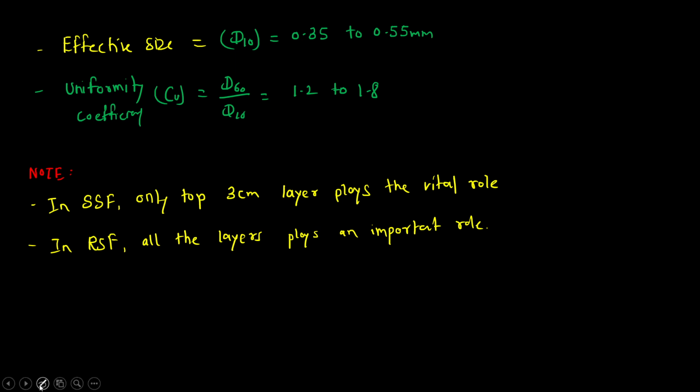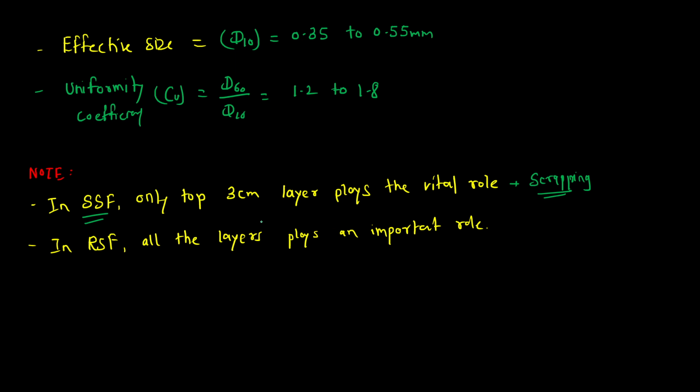Okay. So when we have to clean the slow sand filter, we were using a method which is called scraping. Why are we using scraping? In scraping, only the top 3 centimeter of sand we were removing and replacing with clean sand.